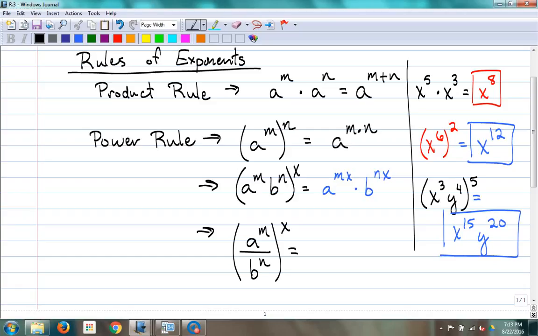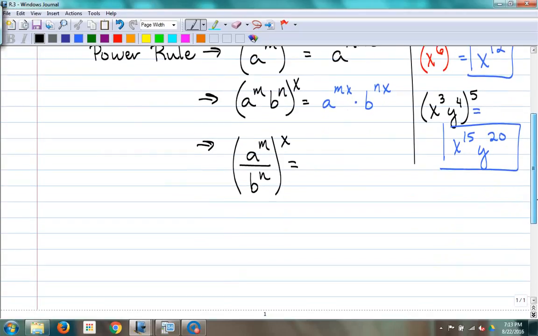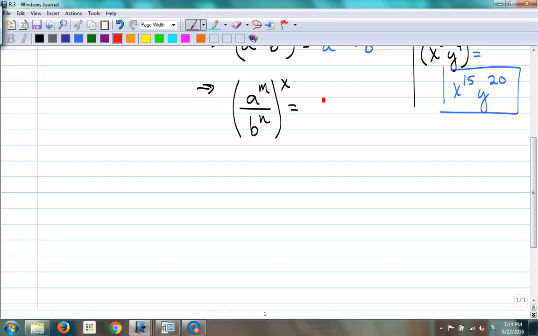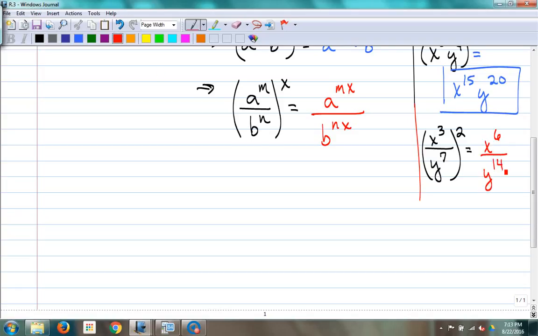Okay, so that's very similar to the previous rule. It just multiplies to both of the exponents. You might have x to the third, y to the seventh, all that raised to the second power. It'll be x to the sixth, y to the 14th. That's what that simplifies to be.